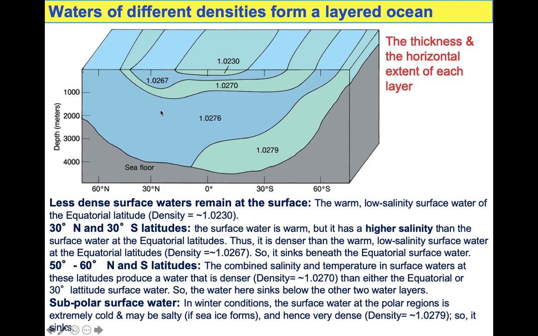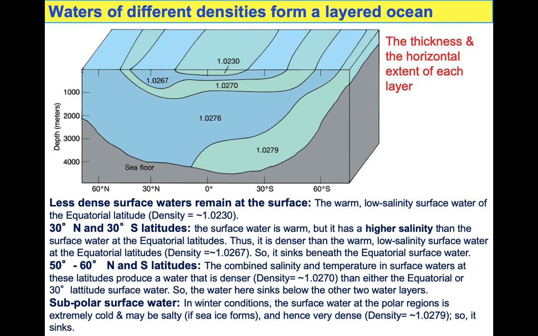So we're going to look at the density changes in ocean water from the top to the bottom. In the equatorial region, pretty much from 0 degrees to 20 degrees north and 20 degrees south latitudes, in this green area at the surface, we have a very light surface water.